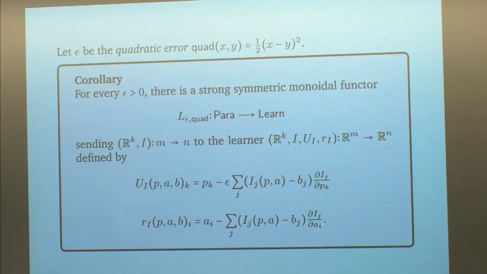But we can take these individual units, map them into Learn, and then construct some sort of composite learner using these request functions, so by passing messages around. So these things are much more computationally efficient, and this message passing isn't so bad. But what we know from the functoriality is this computes exactly the same thing as if we tried this expensive process of trying to differentiate over the entire network at once.